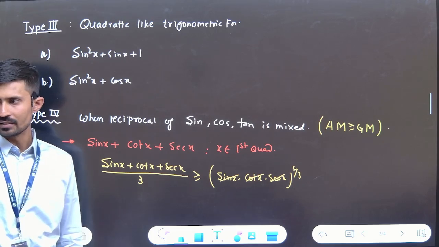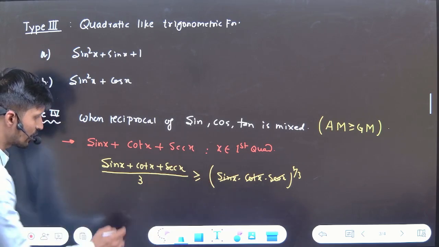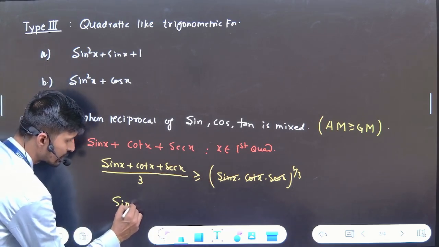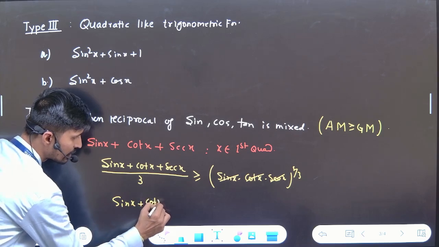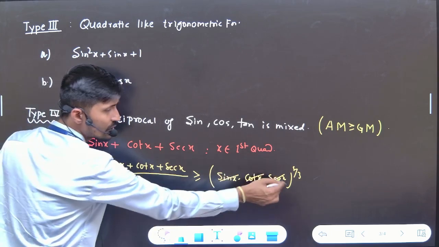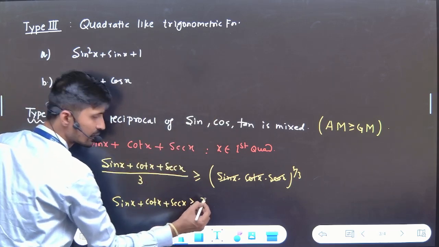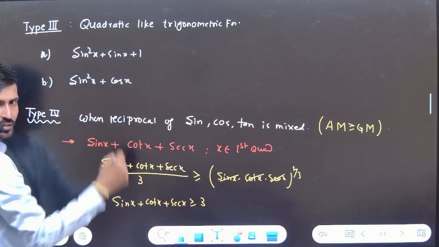Okay? So now what will we get here? (sin x + cot x + sec x)/3 is greater than or equal to 1 raised to 1 by 3, which is 1, and 3 is a positive number so we can multiply. So this value is greater than or equal to 3.